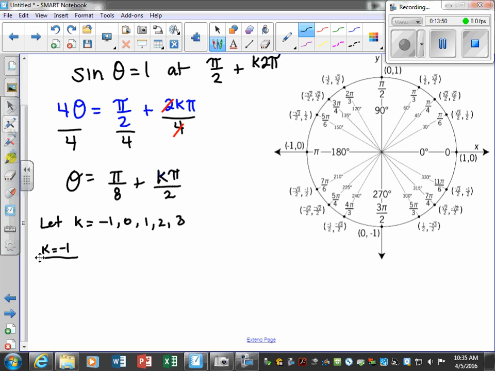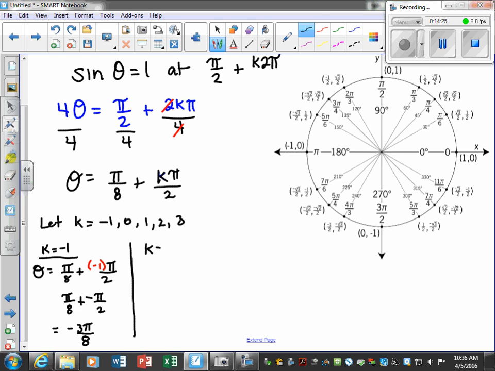So for k equal negative 1, theta would be pi eighths plus k, which is negative 1, times pi over 2. Which this would just be pi eighths plus negative pi over 2. Get a common denominator right there or use your calculator to evaluate that. So that would give us negative 3 pi eighths.